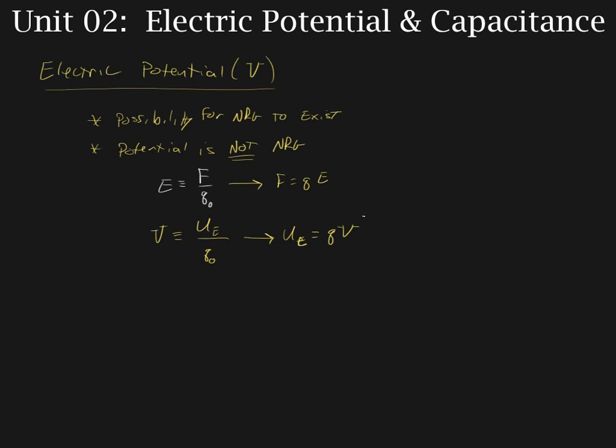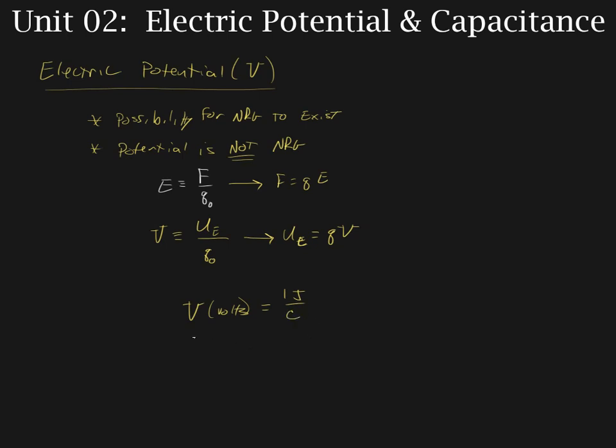Now, there's something we need to be really careful with when it comes to potential. Potential V is measured in volts. It has the unit of a volt, and a volt is 1 joule per coulomb.